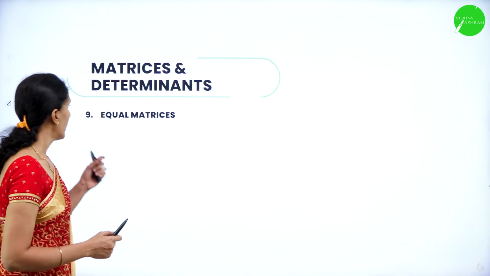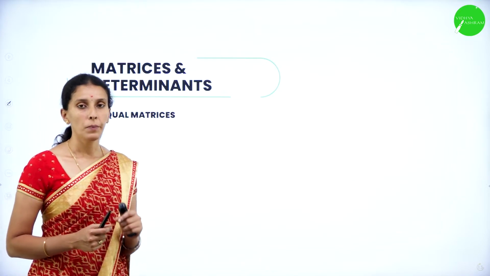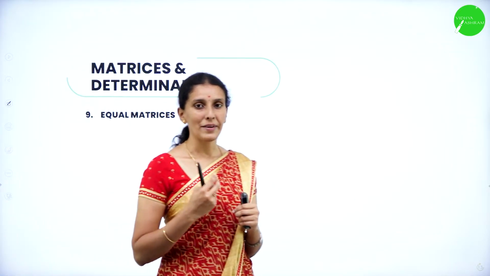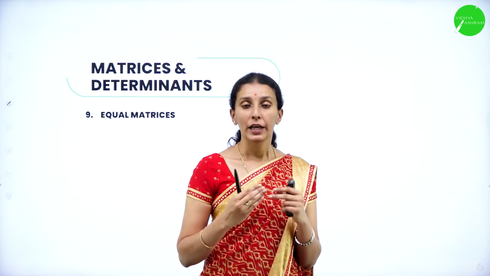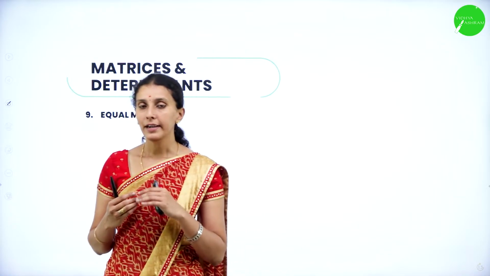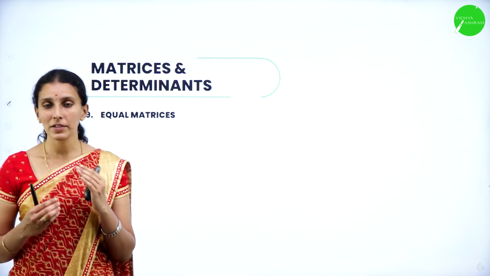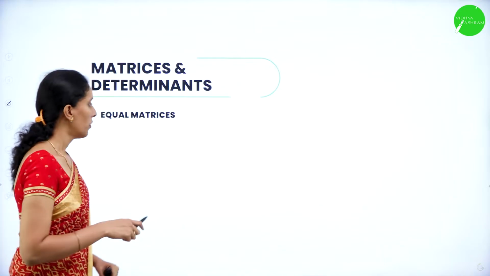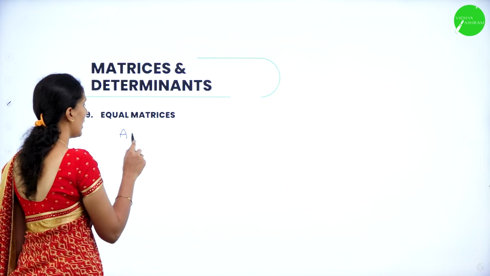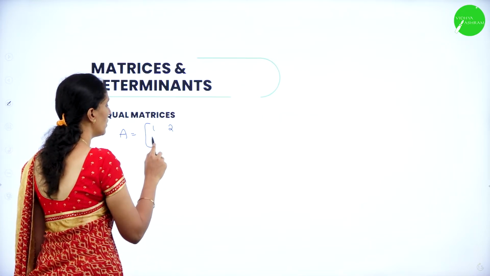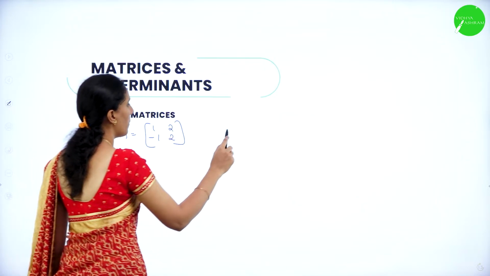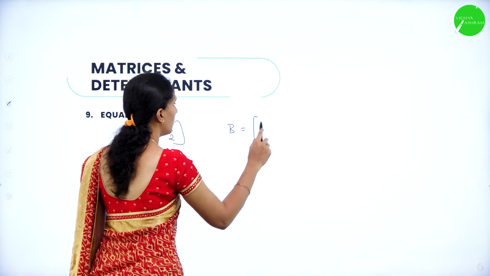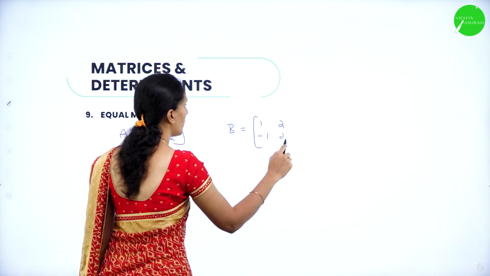Next we have equal matrices. Suppose we have two matrices, matrix A and matrix B. If their order is same and if the corresponding elements are same, then we say the two matrices are equal. For example, matrix A is equal to 1, 2, minus 1, 2. Matrix B is equal to 1, 2, minus 1, 2.